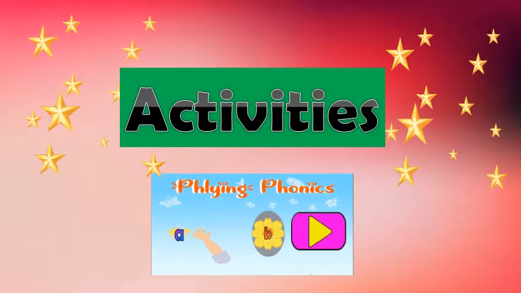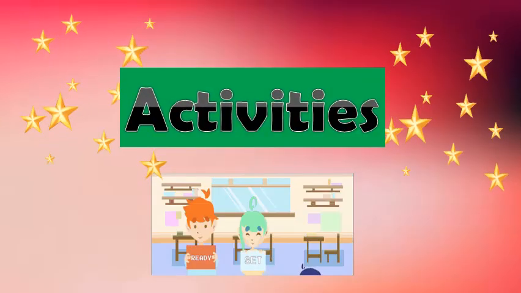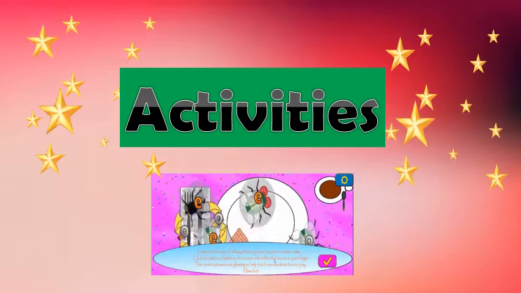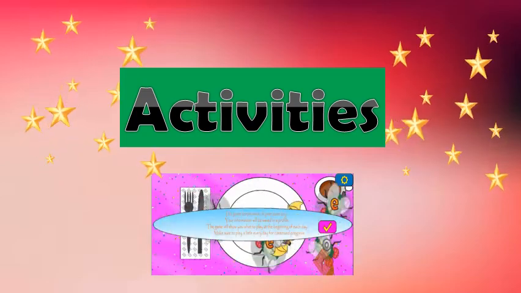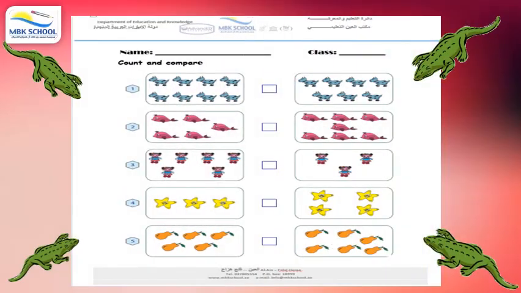Now it's activity time. I know and I believe that you are now ready. So here I have prepared for you a worksheet. You're going to count and compare. Always remember in your mind the hungry crocodile always eats the bigger number or the greater number.